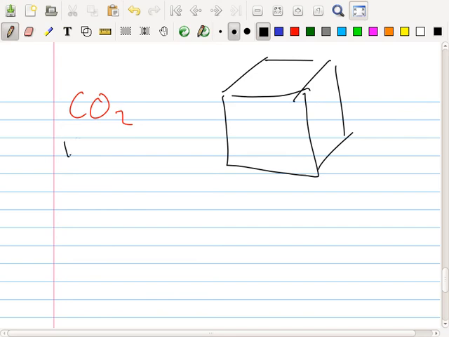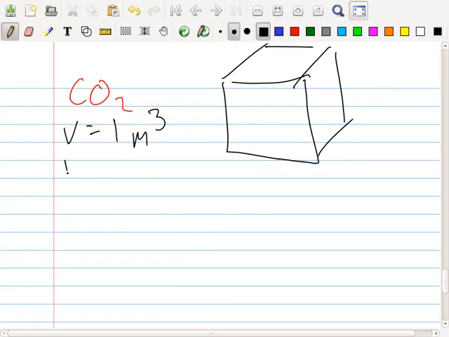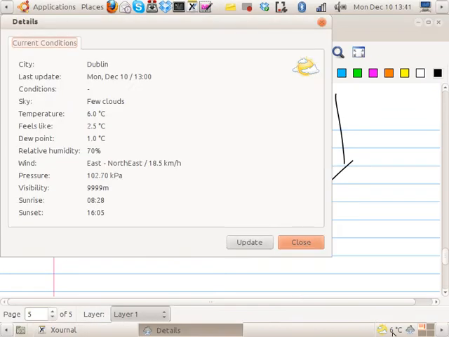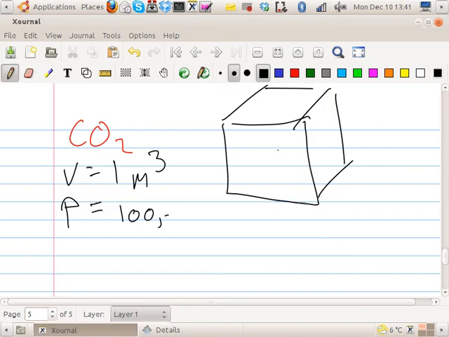and let's say the volume equals 1 meter cubed, and let's say the pressure equals, what did I say the pressure was today? 100 kilopascals. Okay.